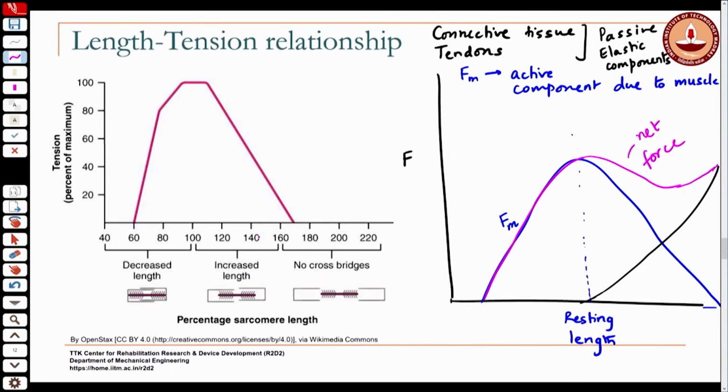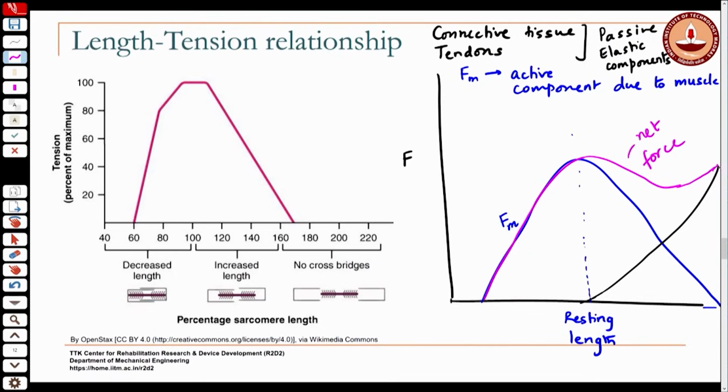With the sarcomere you saw that when it is past the resting length, the force drops off. So, after a point you cannot even apply the contractile force, but you still have resistance. That resistance is only due to the passive elastic component. So, you see here after it drops off, the two meet, the net force is only due to the passive component.